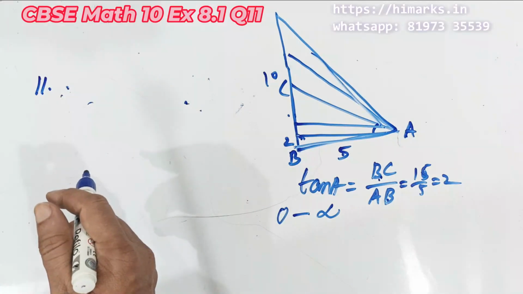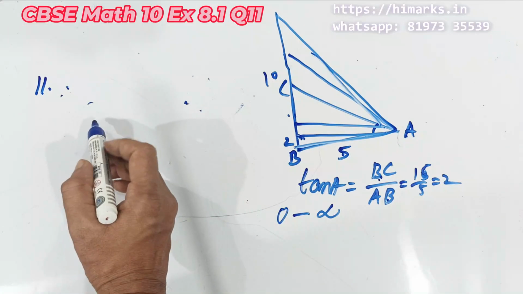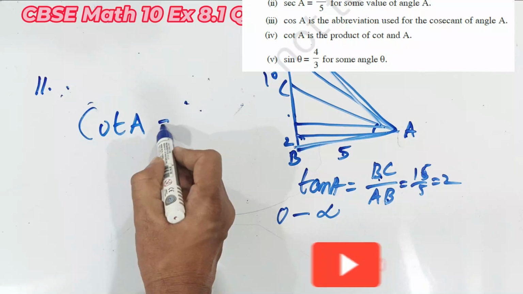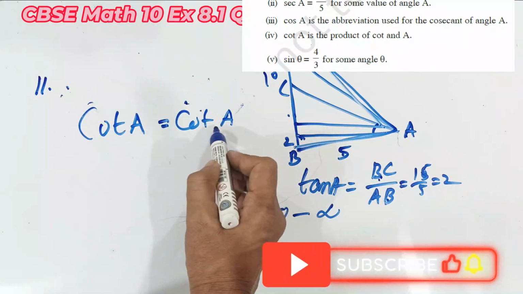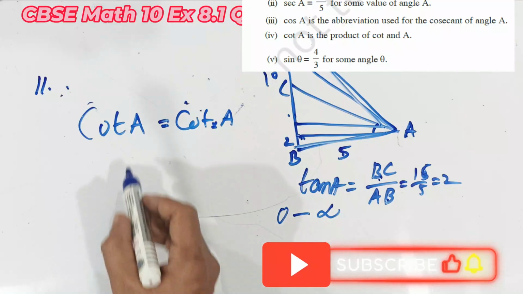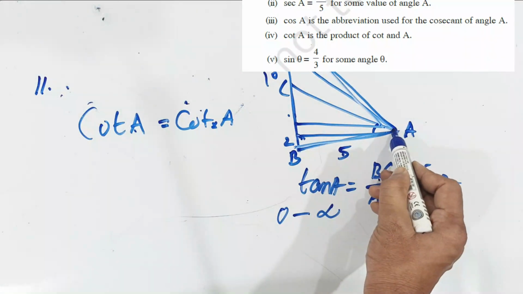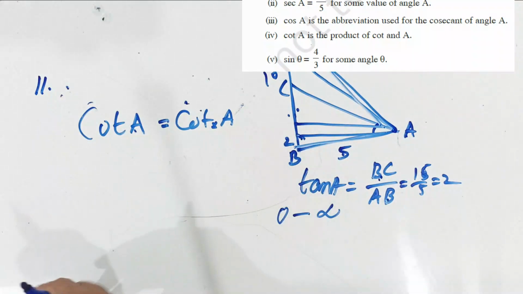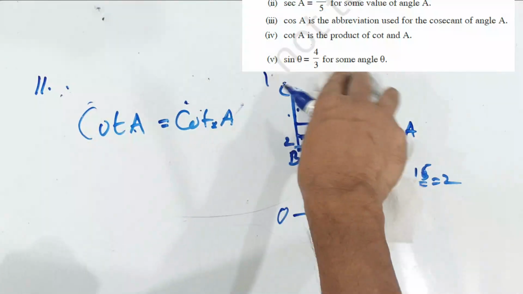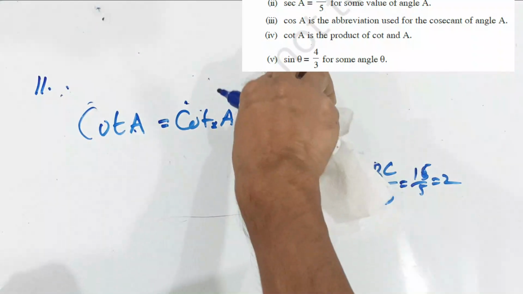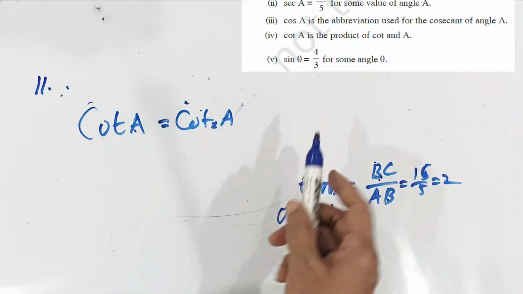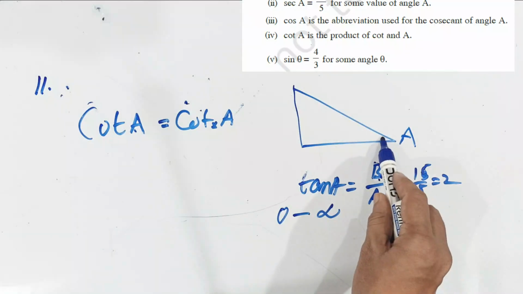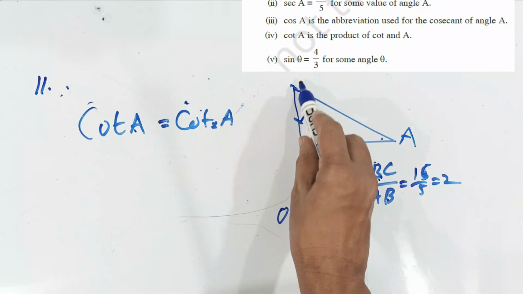Question 4: is cot A the product of cot and A? No. See, you are standing here, looking at this side. For all of sine, cos, tan, nothing is a product here. From this triangle, this angle is A, and from here you are observing the height of the tree.